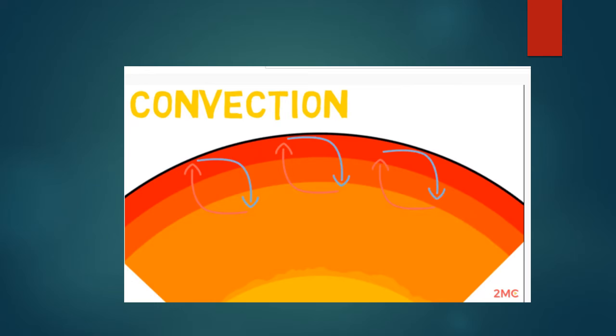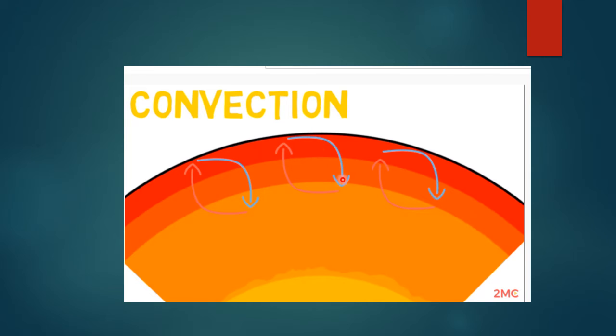Children, in this diagram you can see that the black line is the crust and below there is the mantle, which is in a liquid state. Because of the heat, convection currents take place, and you must have learnt in science what convection currents are. When the water boils, the bubbles go up, they come down. This continuously happens till the water begins to boil. So this kind of convection current takes place in the mantle, and these push the crust, which is broken up into lithospheric or tectonic plates, to drift apart.